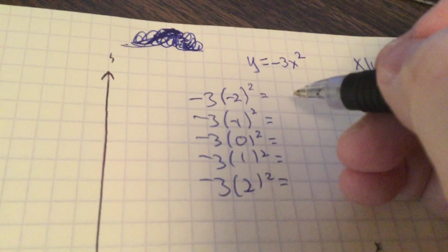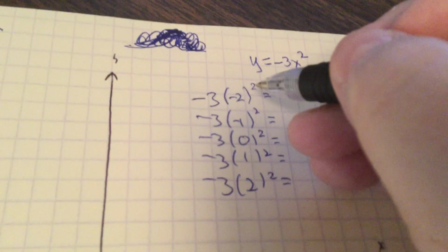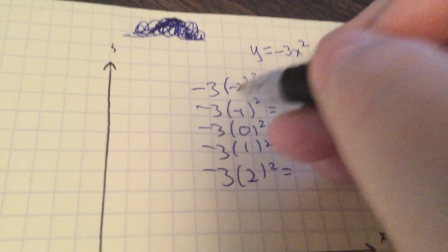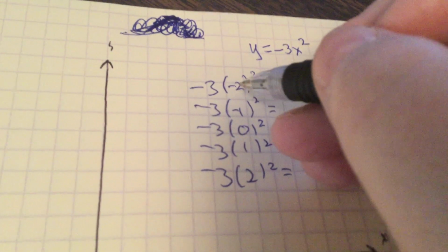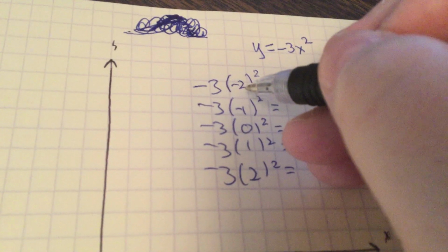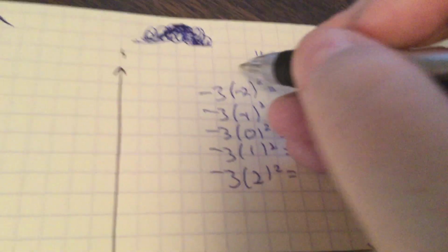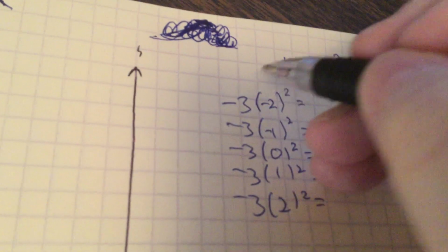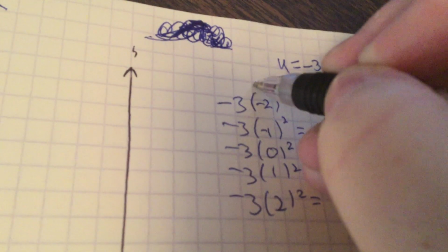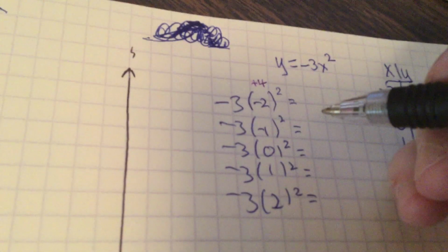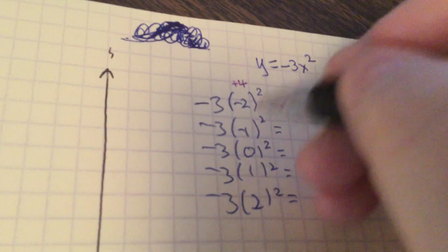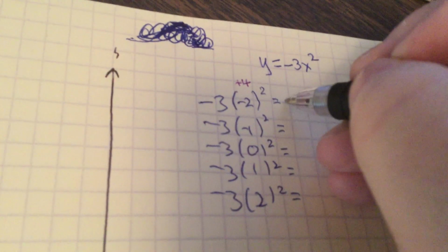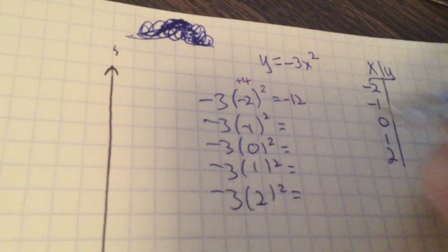So, in order of operations, we do the exponents first. We have to do this part first. So this is -2 times -2. Let me get a different color pen. -2 times -2 is +4. And then +4 times -3, well, that's -12.